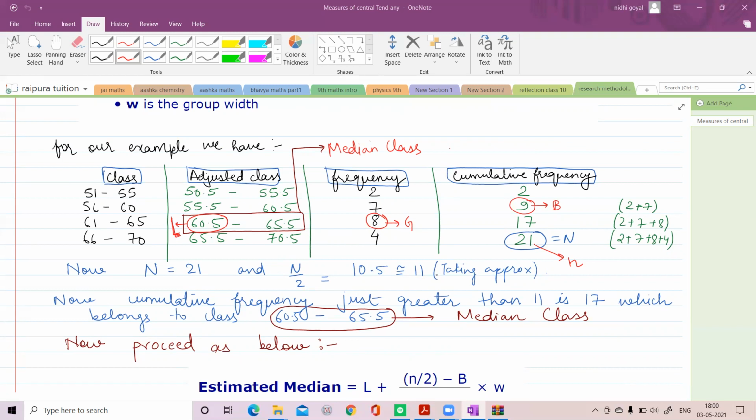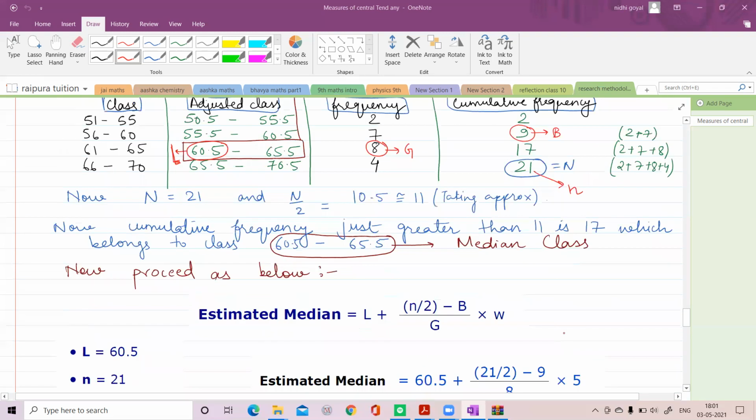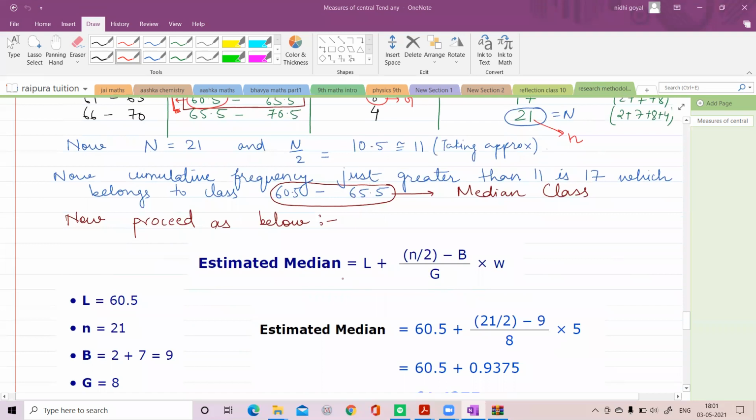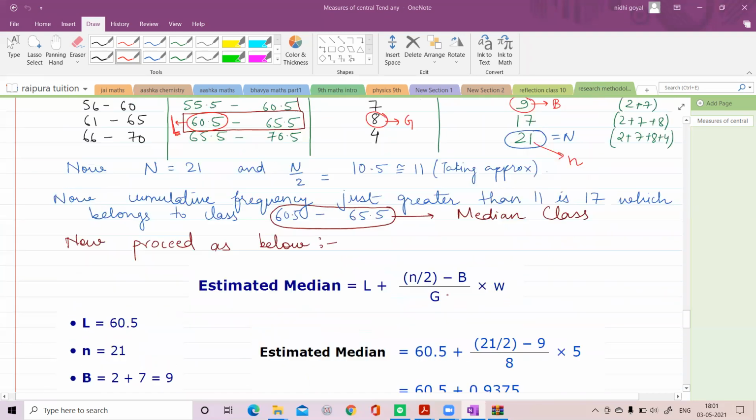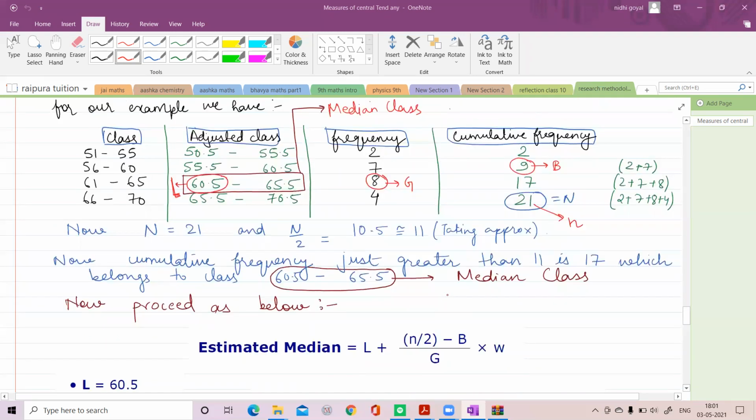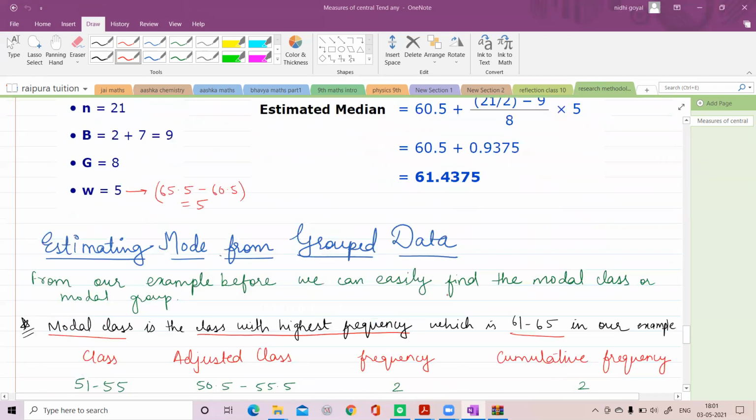In the cumulative frequency table, the frequency just greater than 11 is 70, which belongs to the class 60.5 to 65.5, and that class will be taken as the median class. Now we put all the values in this formula and find the median.